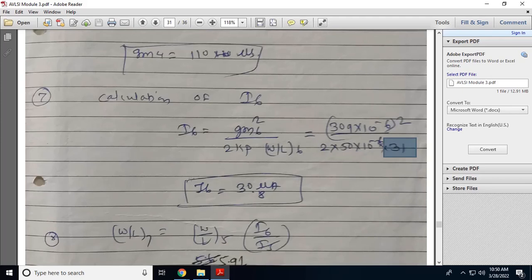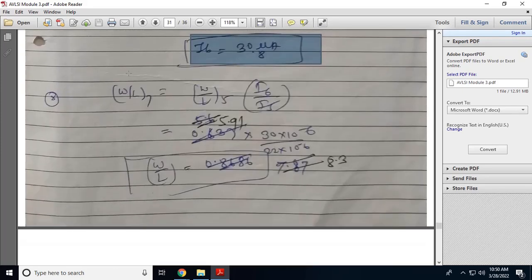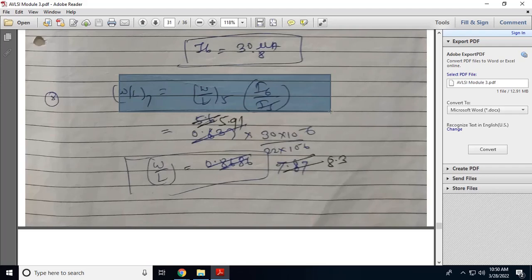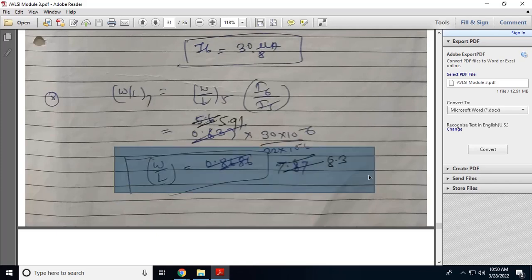So the current flowing through transistor 6, I6, is equal to 30.8 microampere. Size of 7 is equal to size of 5 multiplied by I6 divided by I5. Size of 5 is 5.91, I6 is 30 microampere, I5 is 22. So size of 7 is 8.3.